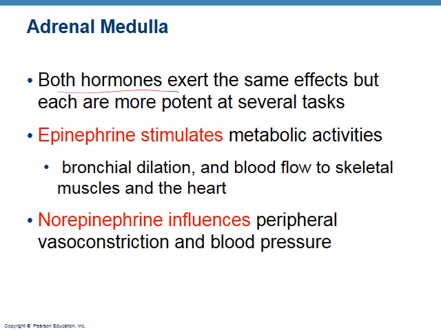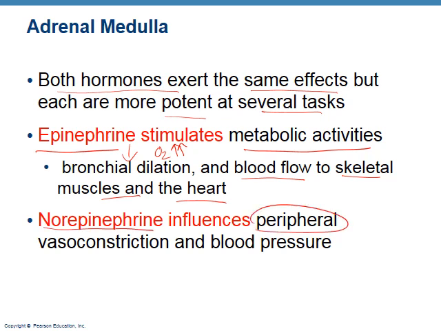Both of these hormones exert the same effects, but some are more potent at different tasks. So if we're looking at epinephrine, it's going to stimulate metabolic activities. So epinephrine causes bronchial dilation. So again, if you're doing fight or flight, bronchial dilation is going to allow you to take up more oxygen, right? It's going to increase blood flow to the skeletal muscle and to the heart.